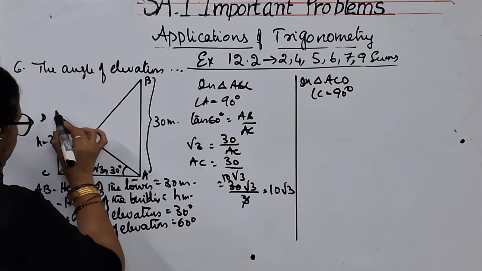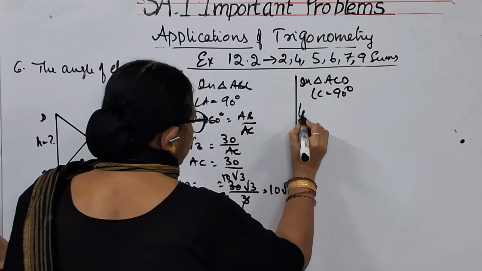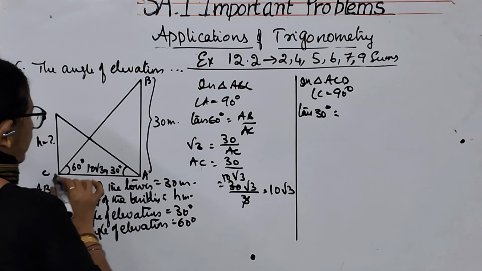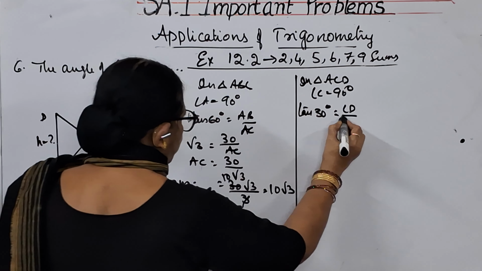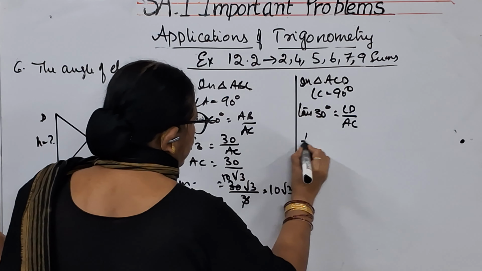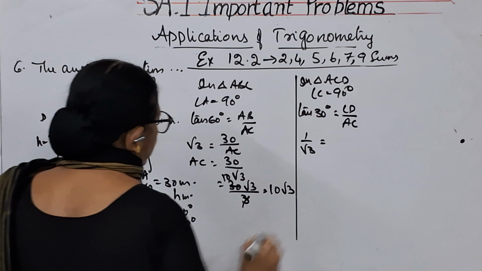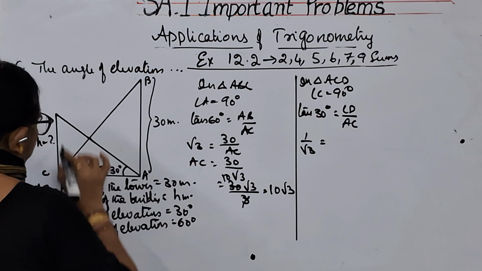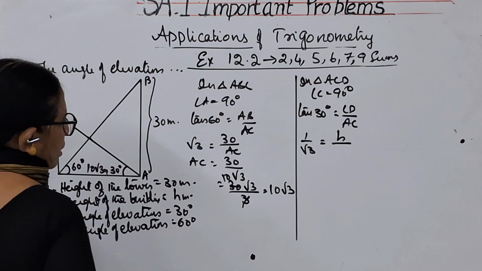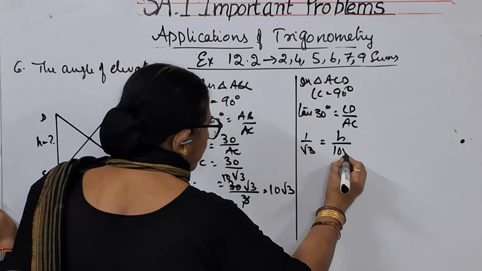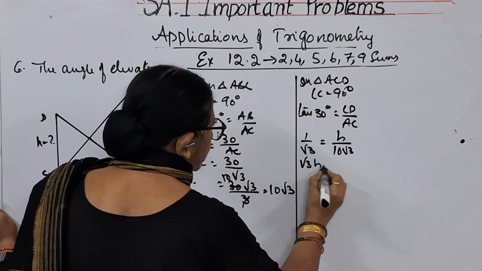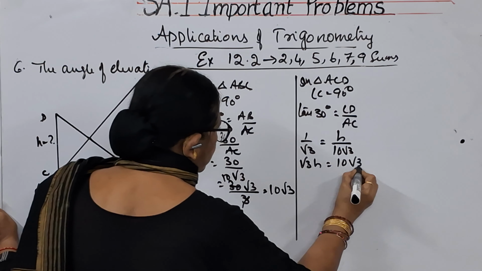So this is 30 degrees, tan 30 degrees is equal to opposite side CD by adjacent side AC. Tan 30 is 1 by root 3 is equal to CD. We don't know what it is, that is H we said. And AC, how much is AC? 10 root 3. That means root 3 H is equal to 10 root 3.